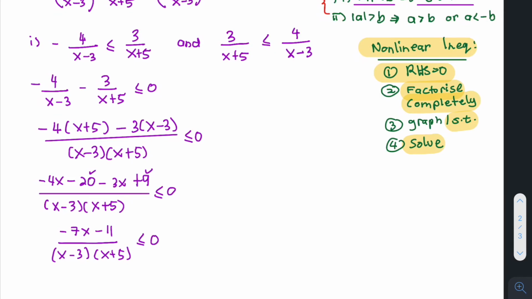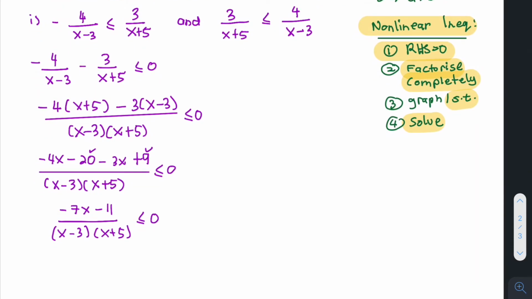So far okay? Now the second part. It is the same process: x plus 5 minus 4 over x minus 3, less than or equal to 0.